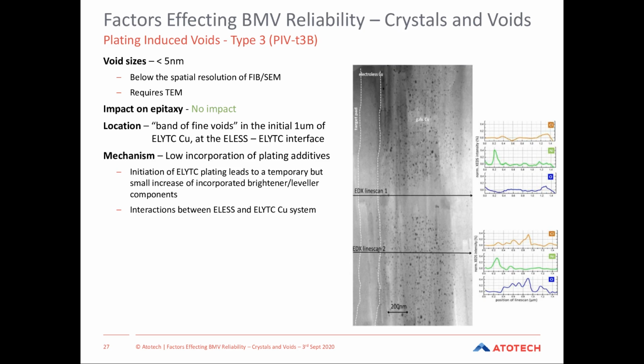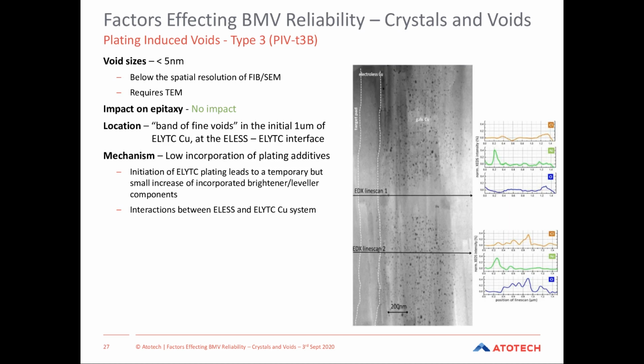And what we associate this one with is co-deposition of the plating additives themselves. So at the initial phase of electroplating, we obviously need to initiate that mechanism. So it's a much more aggressive pulse cycle, essentially, compared to the rest of the bath in some ways. And that can lead to enhanced co-deposition of plating additives. And that's essentially what the image on the right is showing.